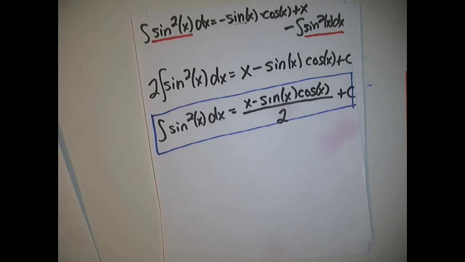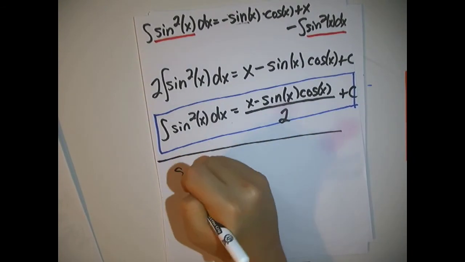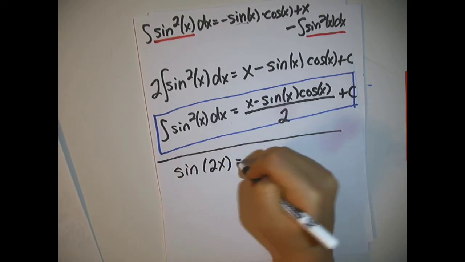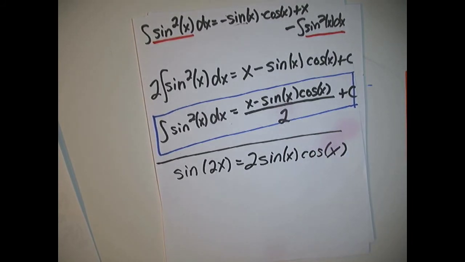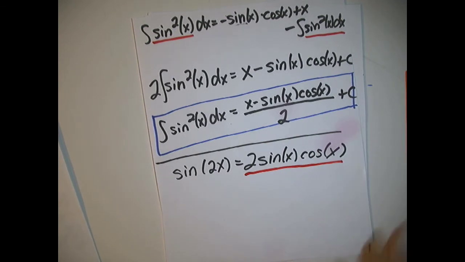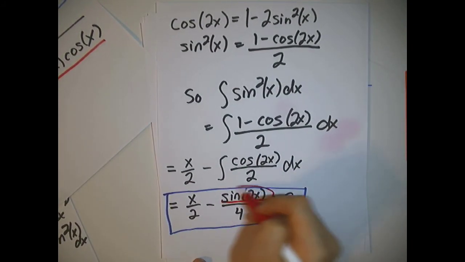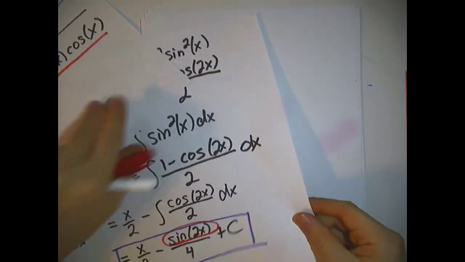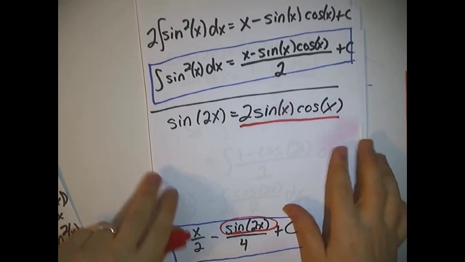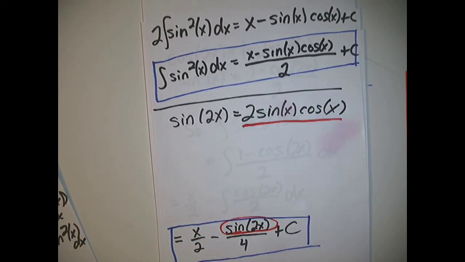Namely, that sine of 2x is 2 sine x cosine of x. And if you substitute this 2 sine x cosine x in for this sine of 2x, then it's not hard to see that what you're going to get is exactly the same thing that we got up here. And so that shows you both ways that you could integrate sine squared of x.